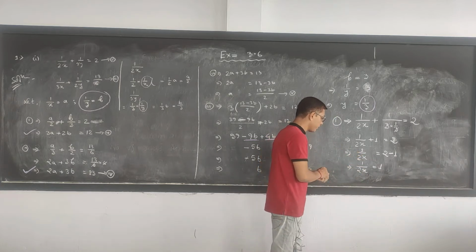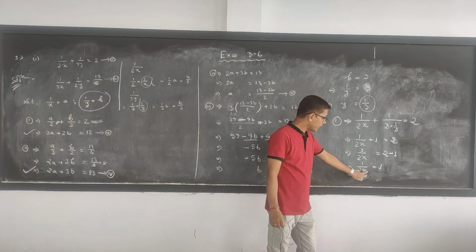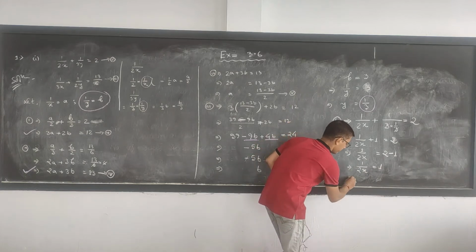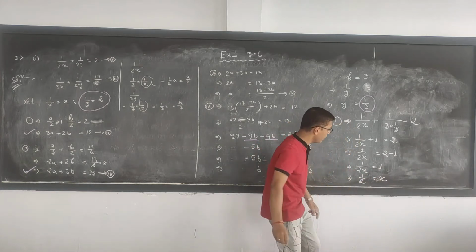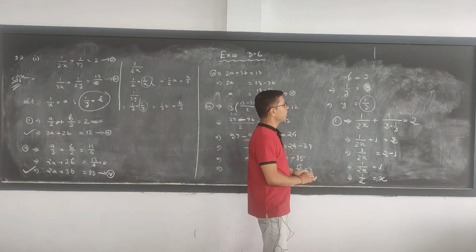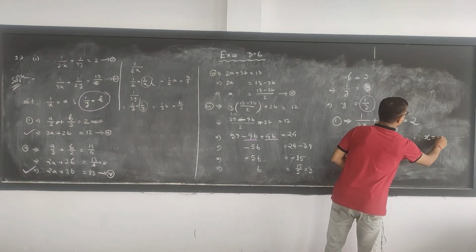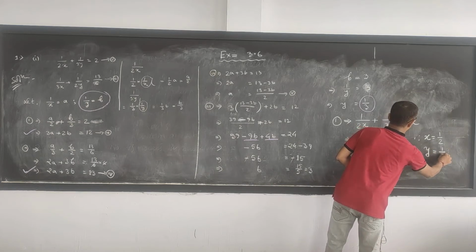Then x into 1 will become x, and finally we get the value of x equals to 1 by 2. That is the answer. So we will write the conclusion as therefore x equals to half and y is equals to 1 by 3. So these are the two solutions.